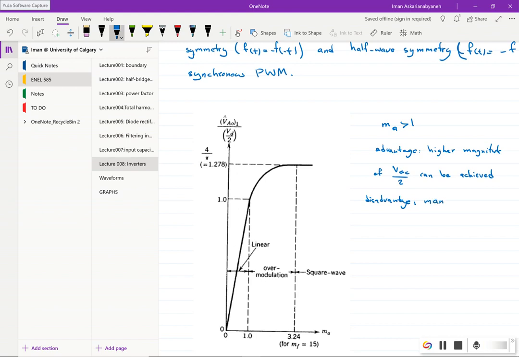That's the main disadvantage. Many more harmonics as sidebands.